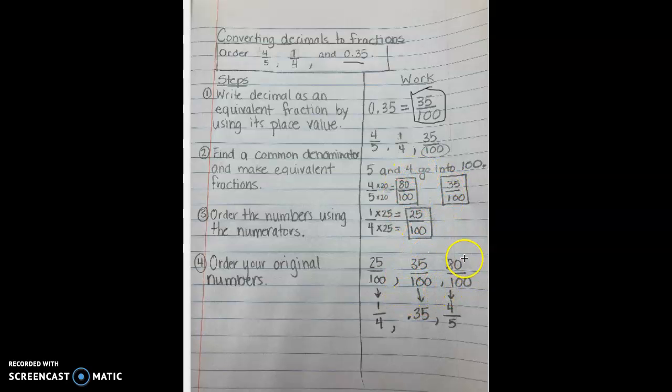And then, of course, our 80 over 100. After you put them in order, we're going to put them back in their original form, because remember, it asks us to order these 3 values. So now we can write them in order: 1/4, 35/100, and 4/5.